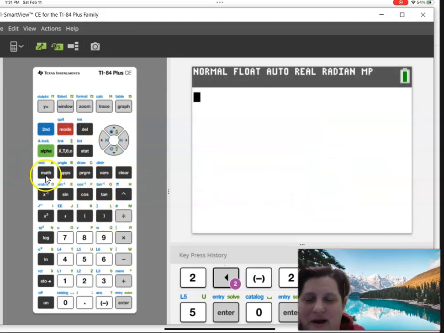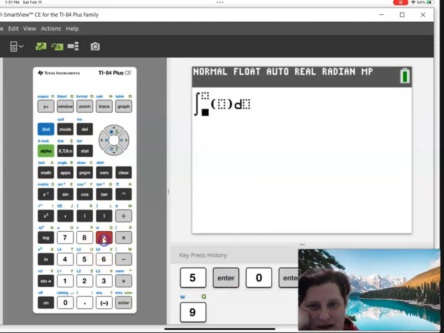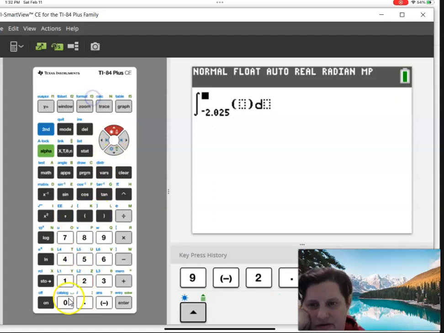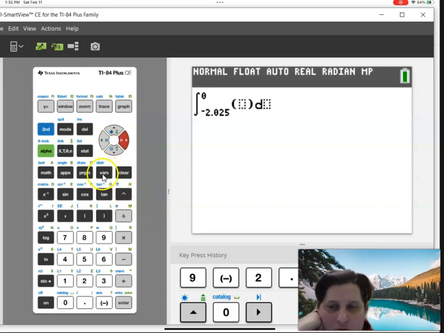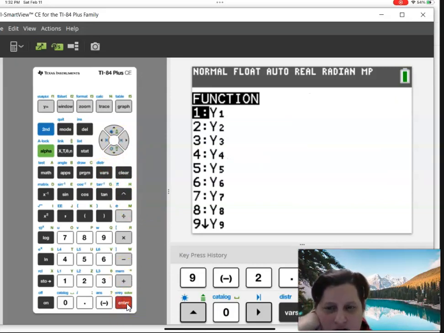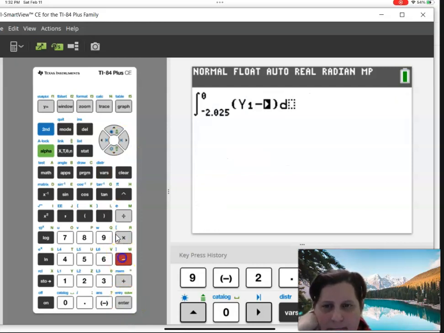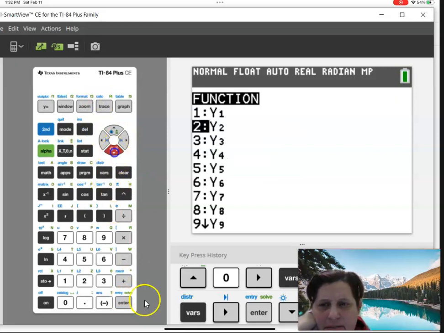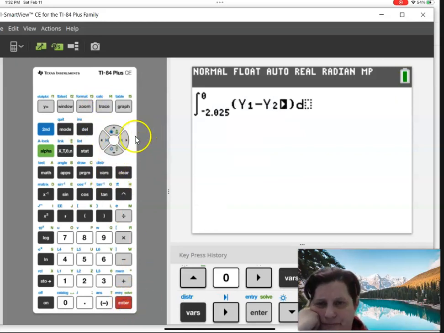Okay, so now we have to go out to the beginning. You got to go math 9. We're going to go from negative 2.025 to 0. And for this one, we're doing f minus g. I don't want to retype them, but if you go to variables and y variables and function, I can write y1 minus variables, y variables function, y2.